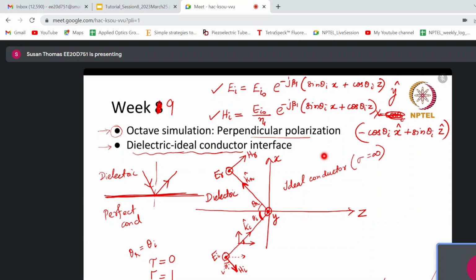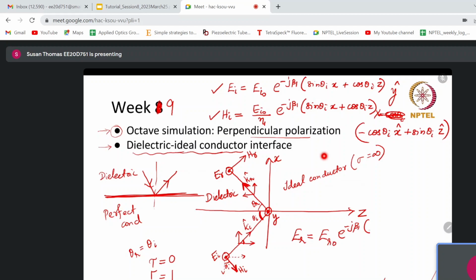To write ER and HR, what do we need to consider? We need to think about the reflected wave vector. So let me quickly write that. ER is ER naught e raised to minus j beta 1 into, now see, the kr vector will be resolved into two components, plus x and minus z.